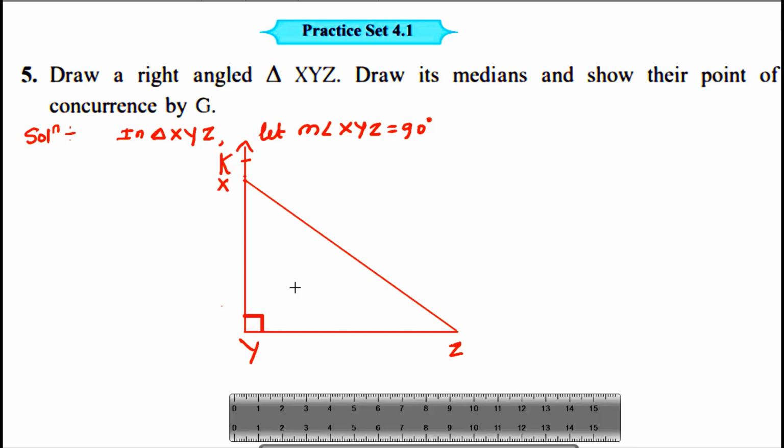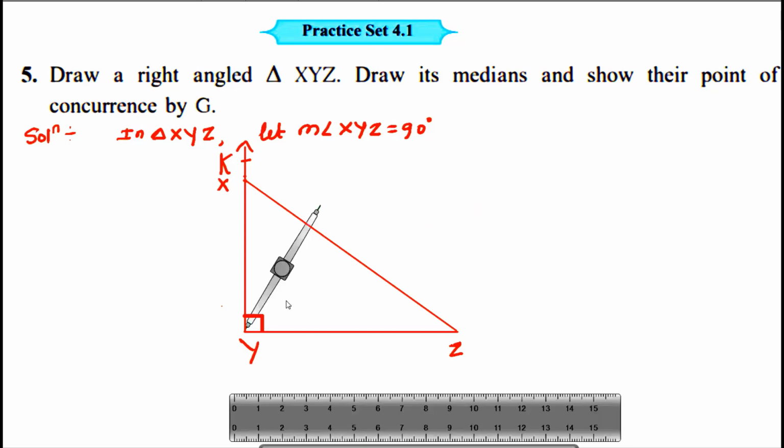The second part of this question is to draw its medians and show their point of concurrence by G. We know that a median is a segment joining the vertex of a triangle and the midpoint of its opposite side. Draw the medians with the help of a compass. First find out the midpoint of the opposite side YZ with the help of a compass.